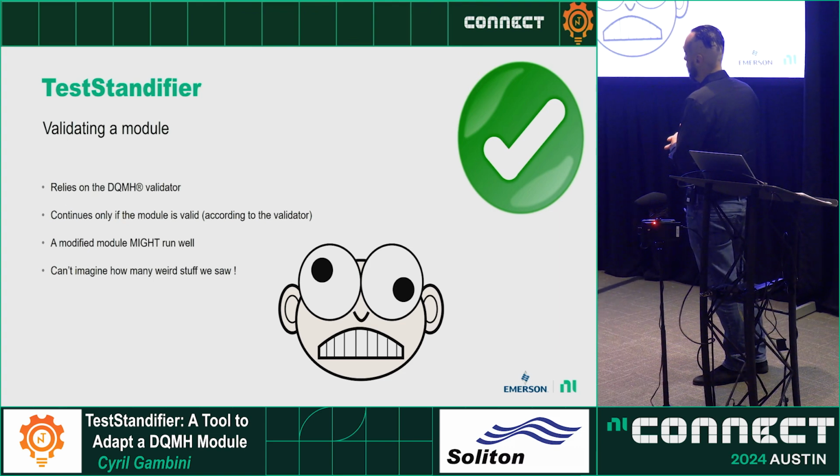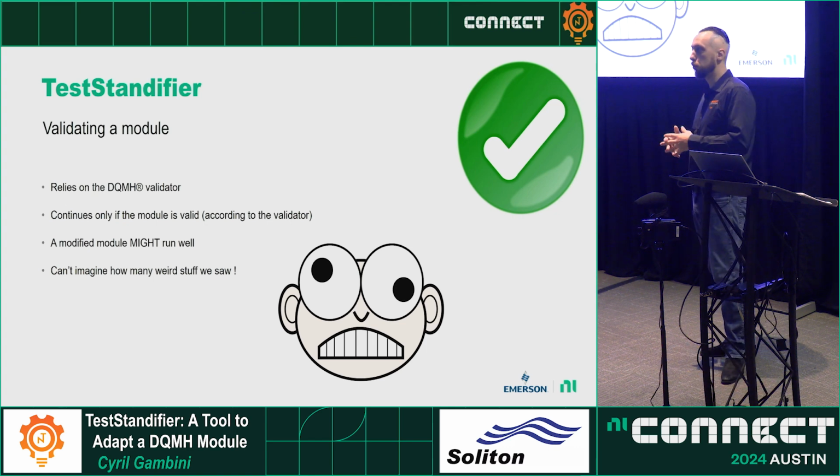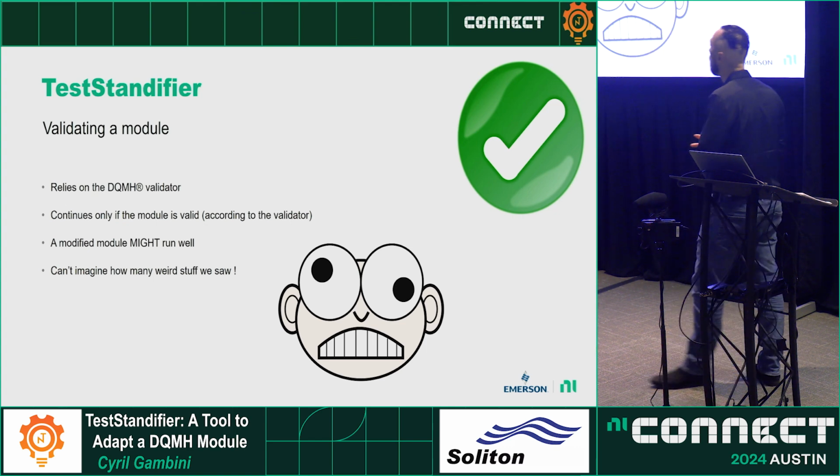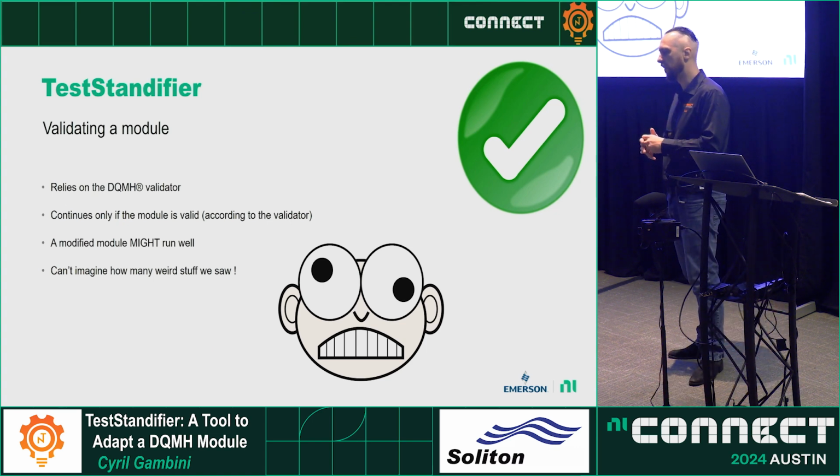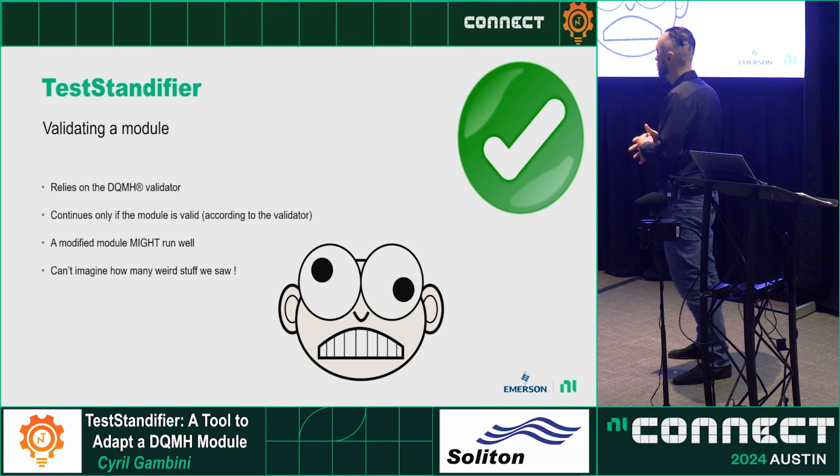If the DQMH validator finds something that you modified and you shouldn't have, it will raise an error, and we will stop the TestStandifier process.